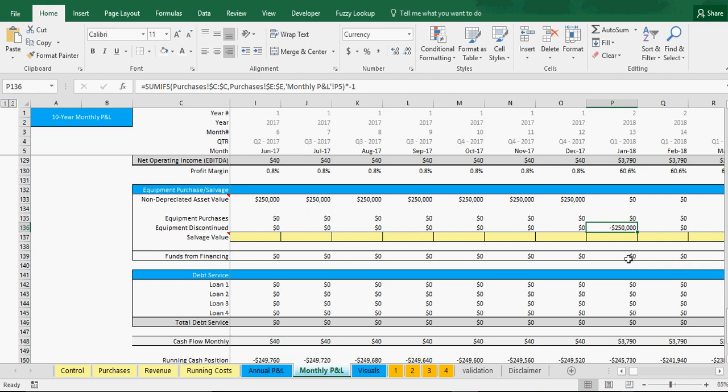Now that's not going to affect the cash flow. What will affect it is if you put a salvage value in here of, say, $1,000. You can see the numbers update down here.